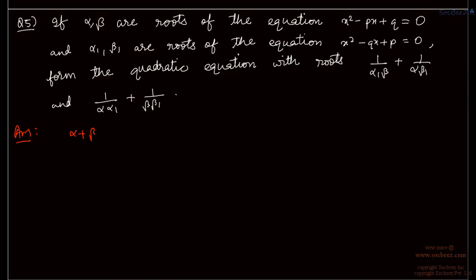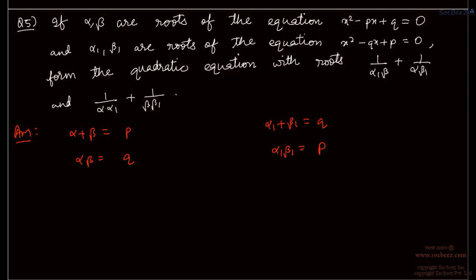So I have alpha plus beta is equal to, from the first equation, p, and I have alpha beta equal to q. For the second equation I have alpha 1 plus beta 1 is equal to q, whereas alpha 1 beta 1 is equal to p, right?